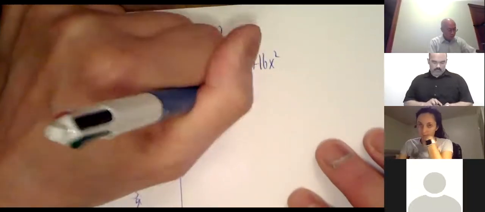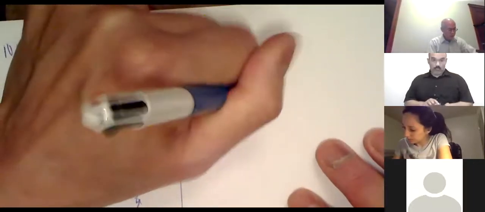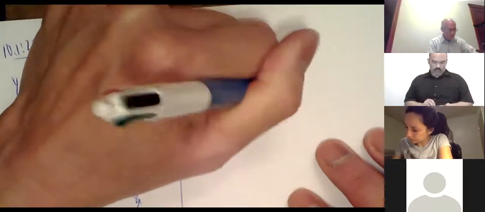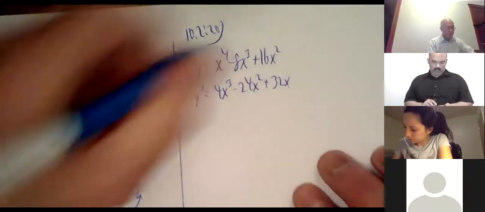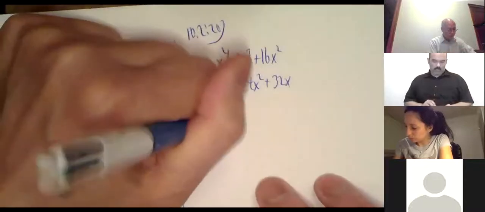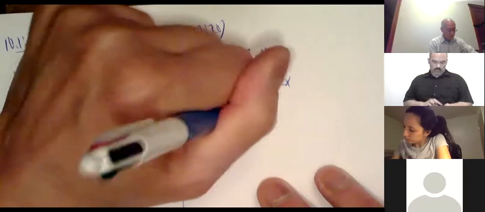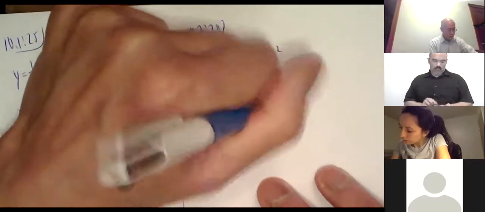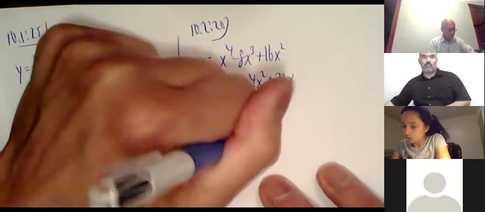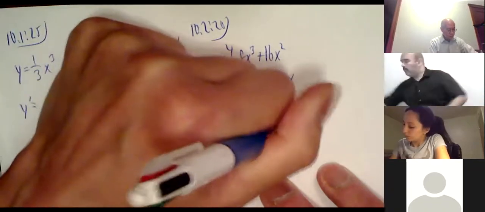So y prime is 4x cubed minus 24x squared plus 32x, which factors into what? 4x times what? X squared minus 6x plus 8, which is 4x, x minus 2, x minus 4.